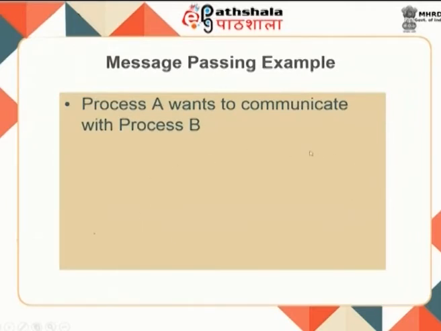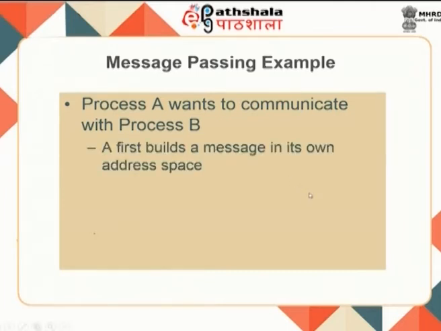Here is a simple example of message passing mechanism. Assume that there is a process A which is running in some machine, and there is another process B which is running in a different machine, and these two are trying to communicate with each other. First, A has to build a message, because this is not simple data, it has to go through the process of building a message, putting it in a certain format and such intricacies that we will discuss later on.